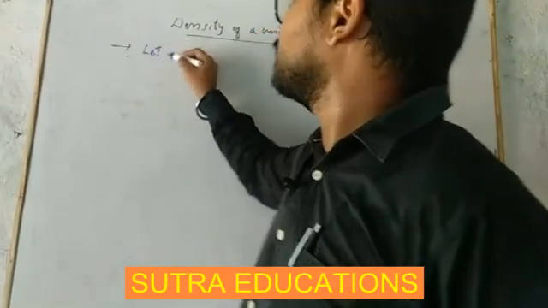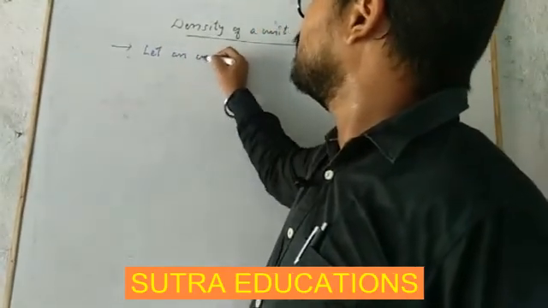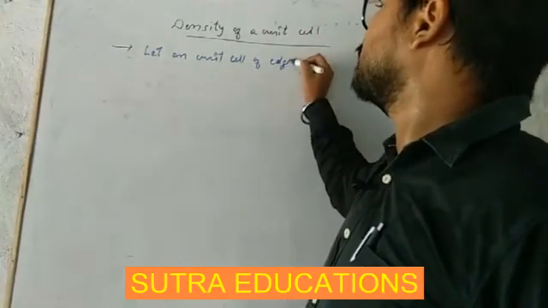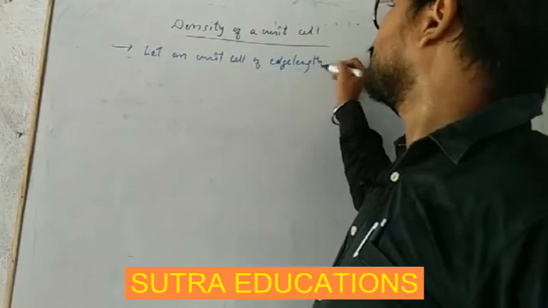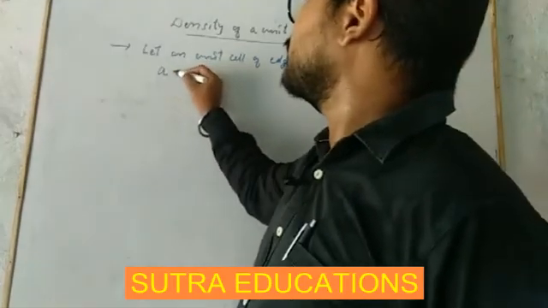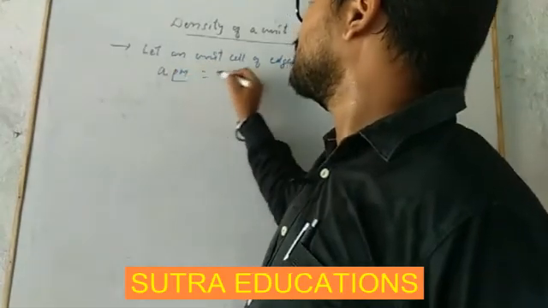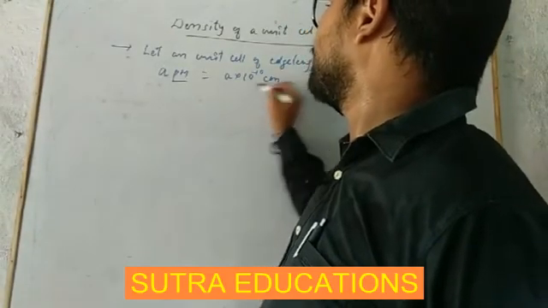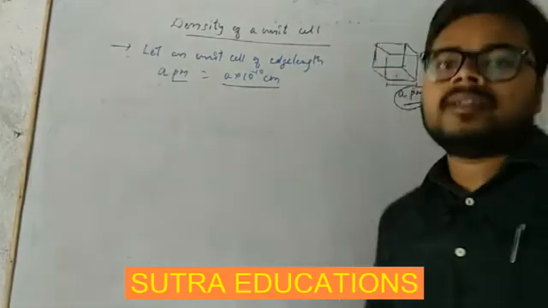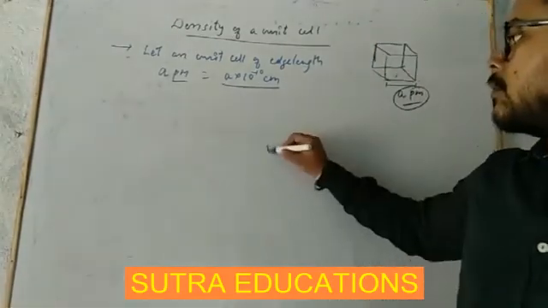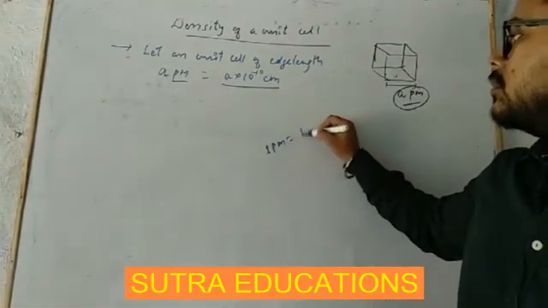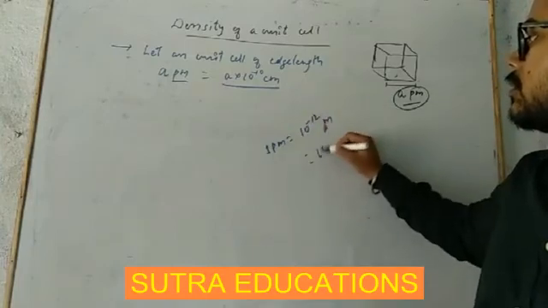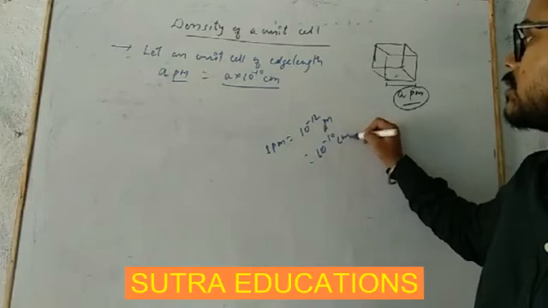Let a unit cell of edge length a picometer mean a into 10 to the power minus 10 centimeter. Okay, 1 picometer is equal to 10 to the power minus 12 meter or 10 to the power minus 10 centimeter.